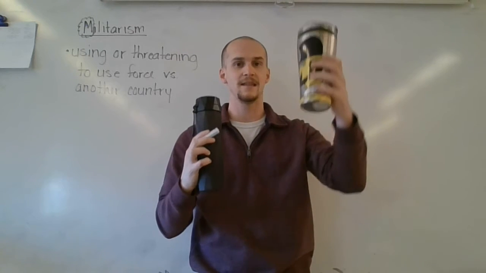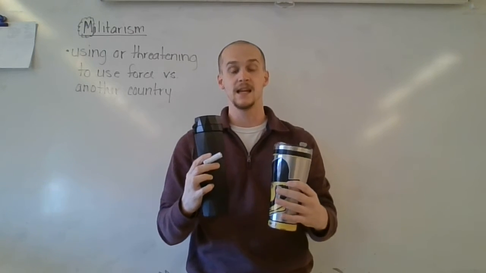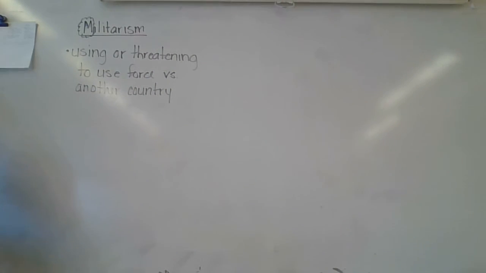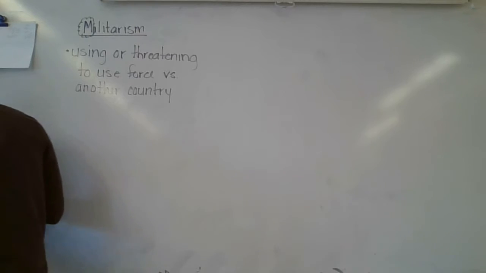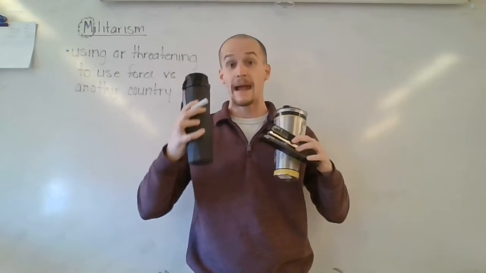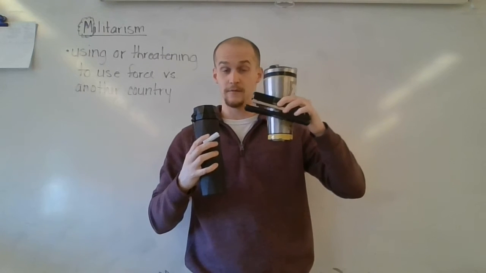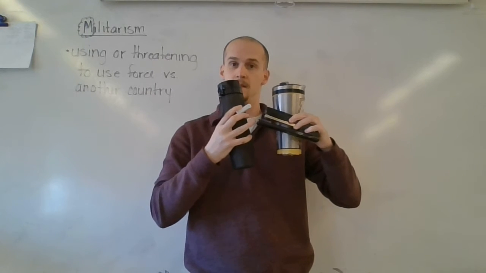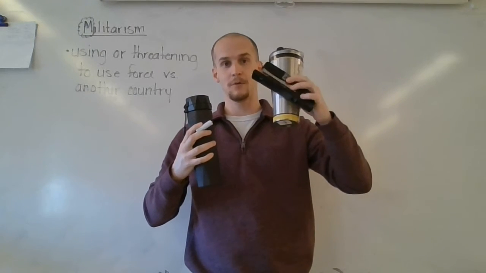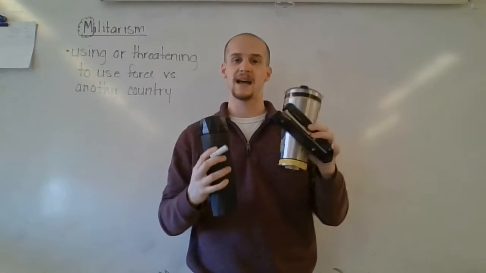So neighbor B then has to go and get a better weapon. So neighbor B retaliates with their weapon, a much larger one. Well, now neighbor A is fearful of the threat of force that neighbor B can do, and it just goes back and forth and back and forth.